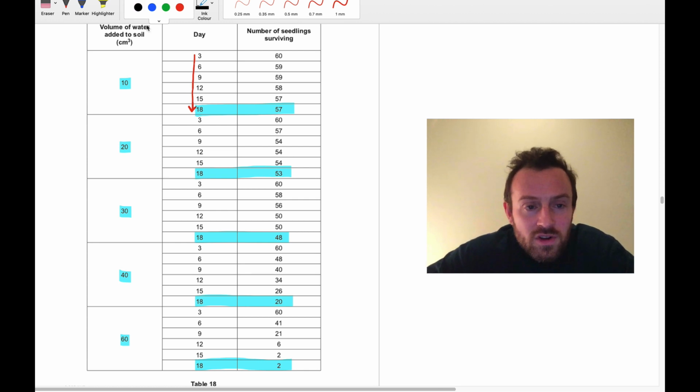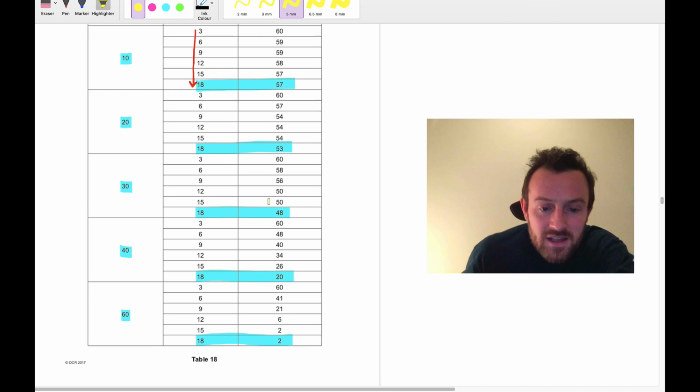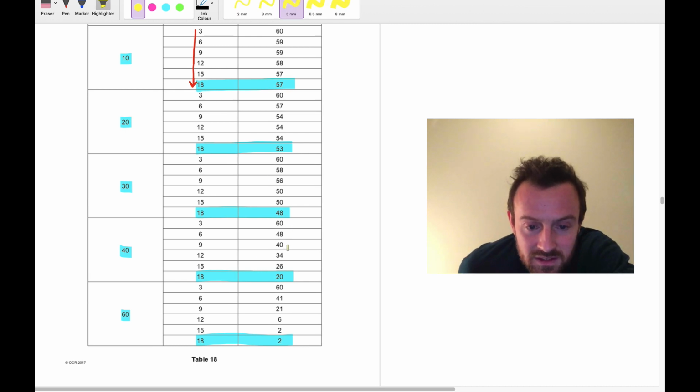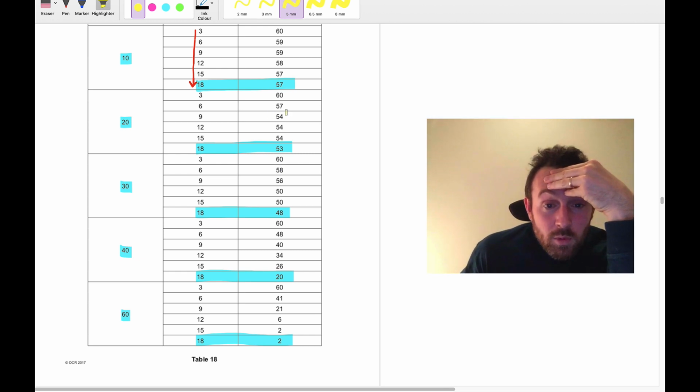Like how long does it take the seedlings to die? Typically they do all right. Well, I guess it's a relatively steady decrease. I mean, these ones actually seem to survive for longer. So with smaller amounts of water, there's just a small decline and it's pretty steady.